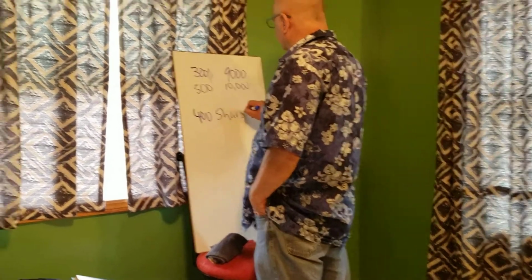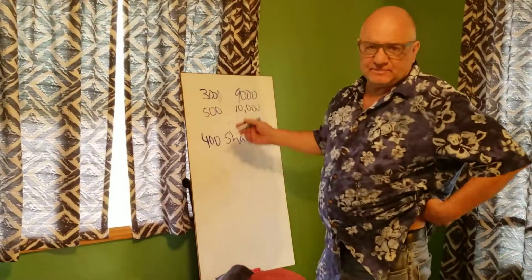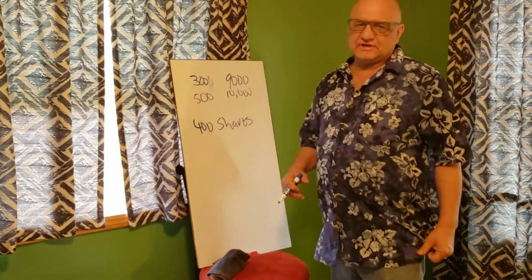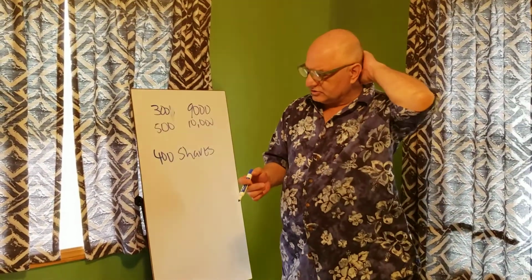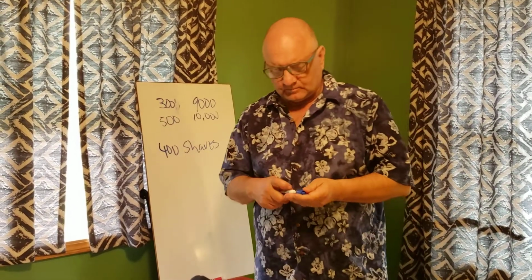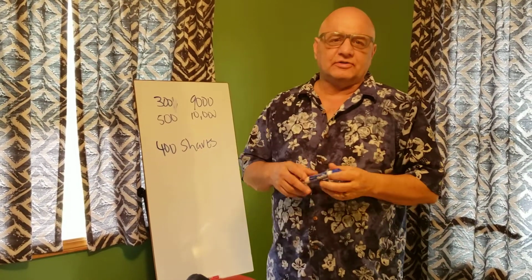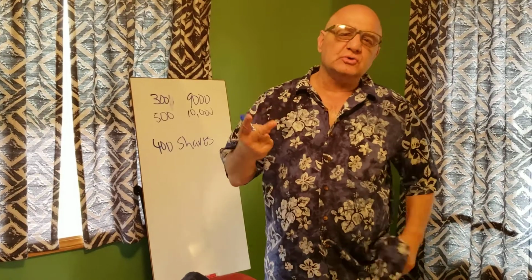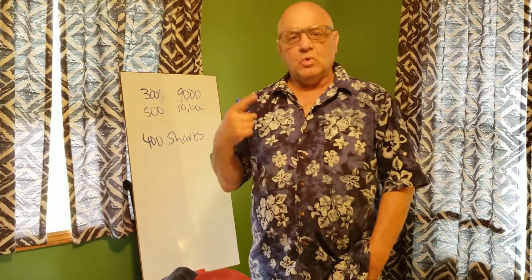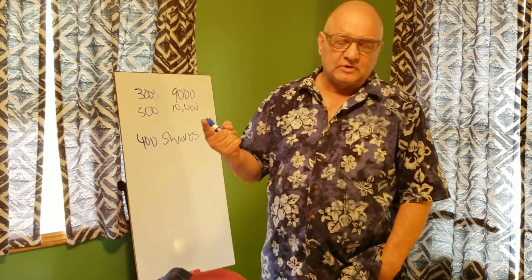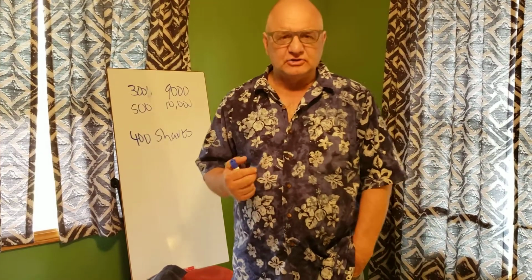Well, because these shares have a different basis, we have to decide which one of these 400 shares we sell. Well, the rule is really simple. There's only two inventory methods that we use when we're talking about stocks. One is FIFO, first in, first out. The second one is specific identification.